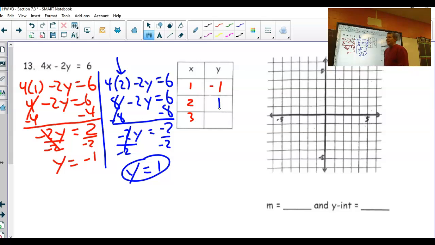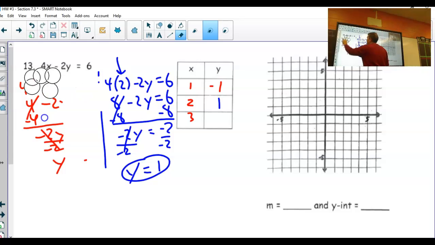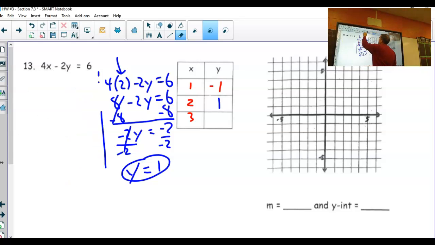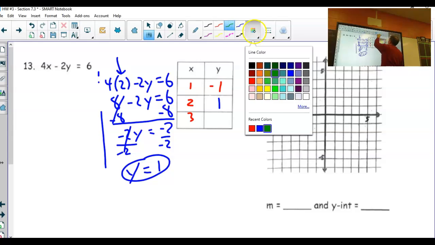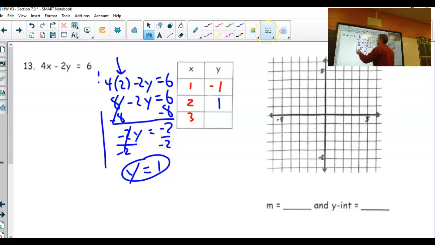And finally, this leaves me with the 3. I might need to substitute 3 in for x. And so that might look like this. 4 times 3 minus 2y equals 6. And now I want to solve for y to see what the y value is when the x value is 3.